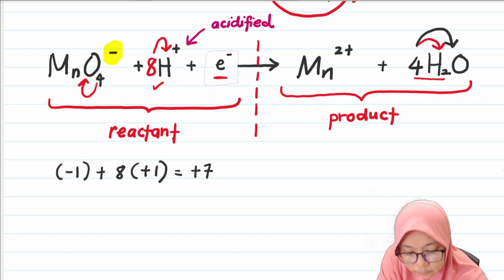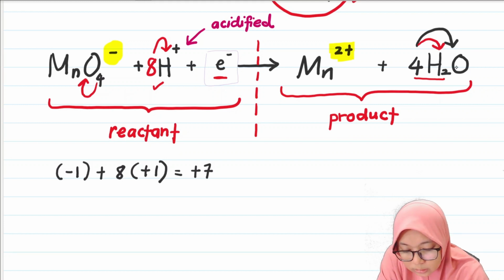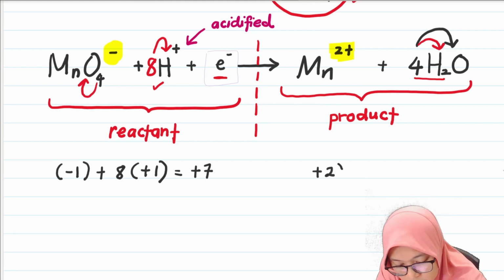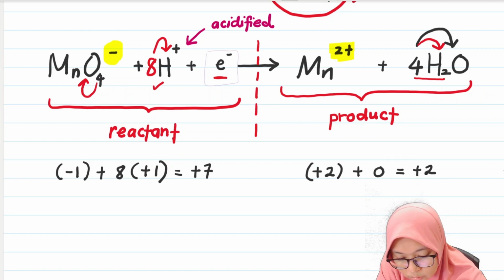The manganese has 2 plus, but water doesn't have any charge, so +2 plus 0 for the water molecule gives +2.